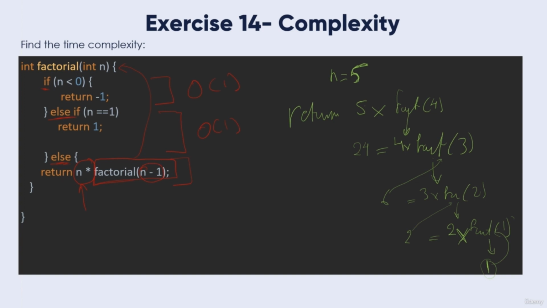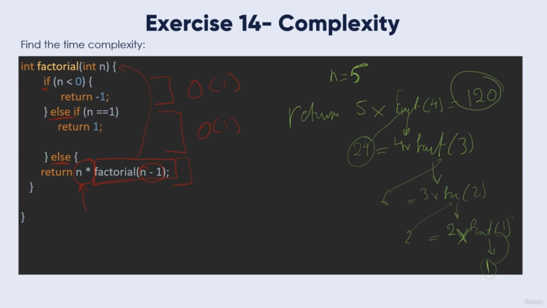Okay? This is the factorial of 4. Factorial of 4 is executed here. So return 5 times factorial of 4, which is 120. Yes, it is 120. Okay, it's very simple. So we return 120.